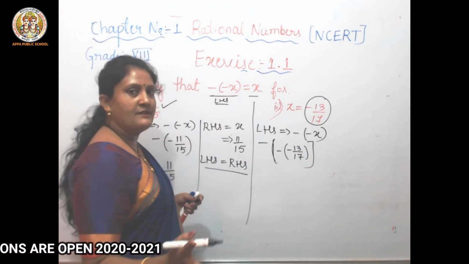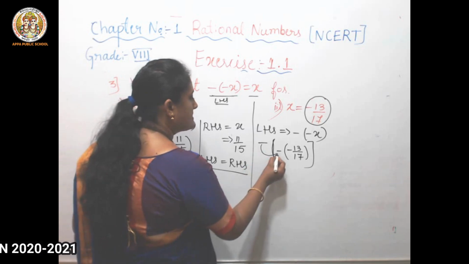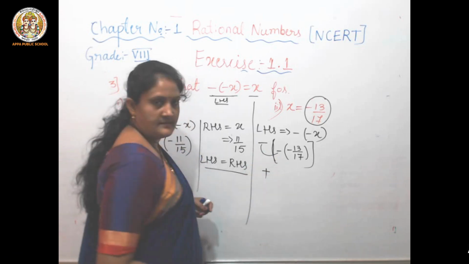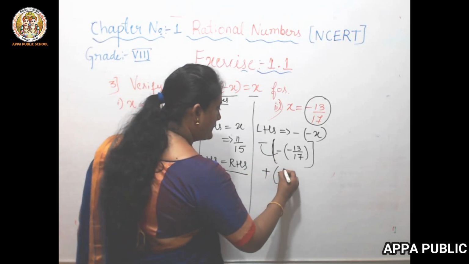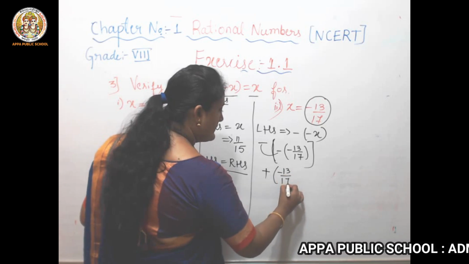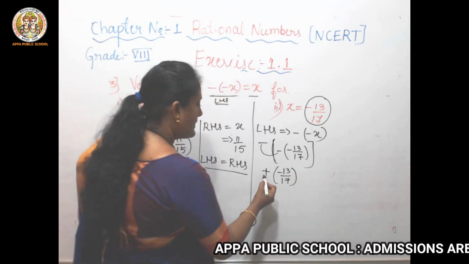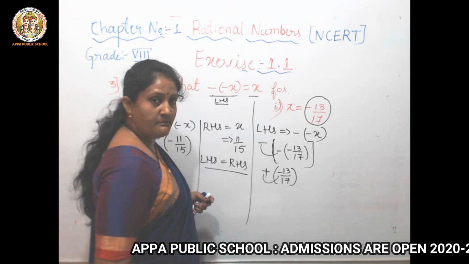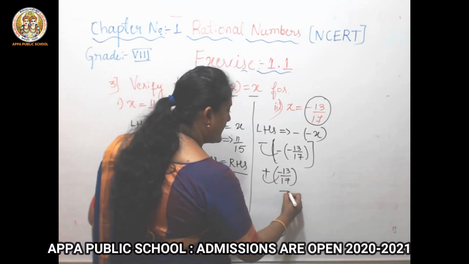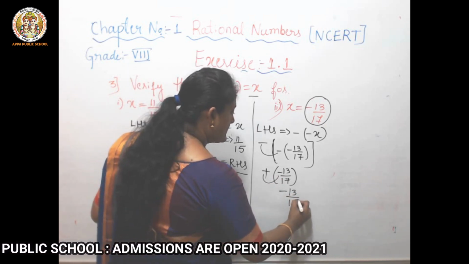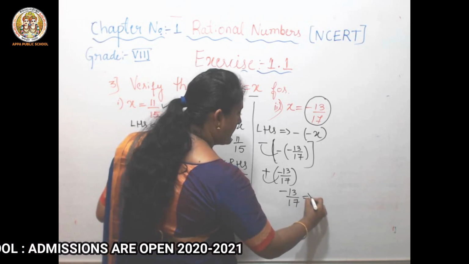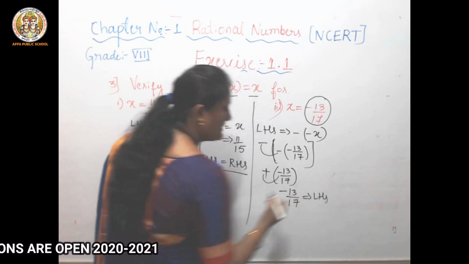Okay, first simplify the sign. Minus into minus is plus, isn't it? Then again minus 13 by 17. Then we'll simplify. Plus into minus, that is minus 13 by 17. This is your LHS answer, isn't it?